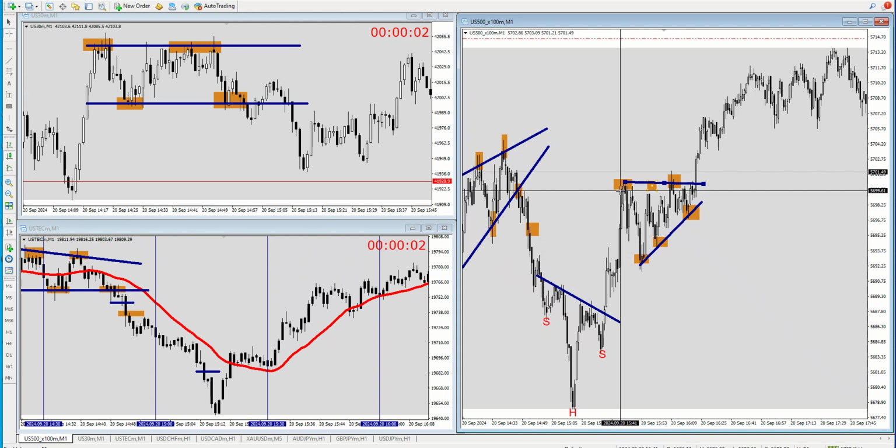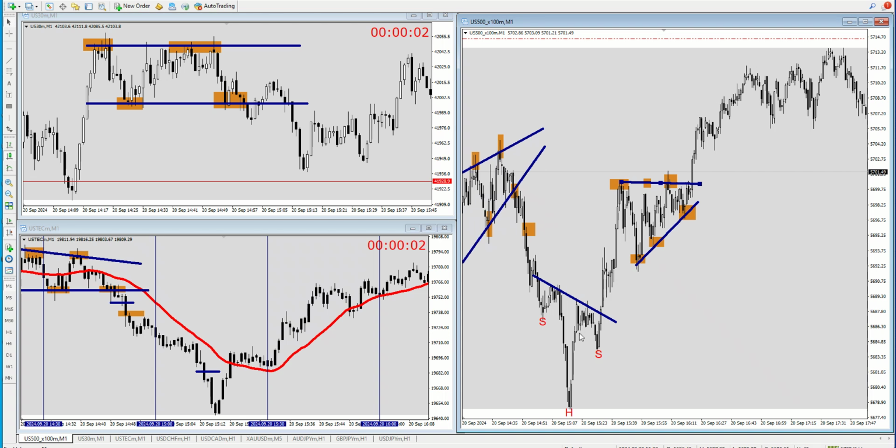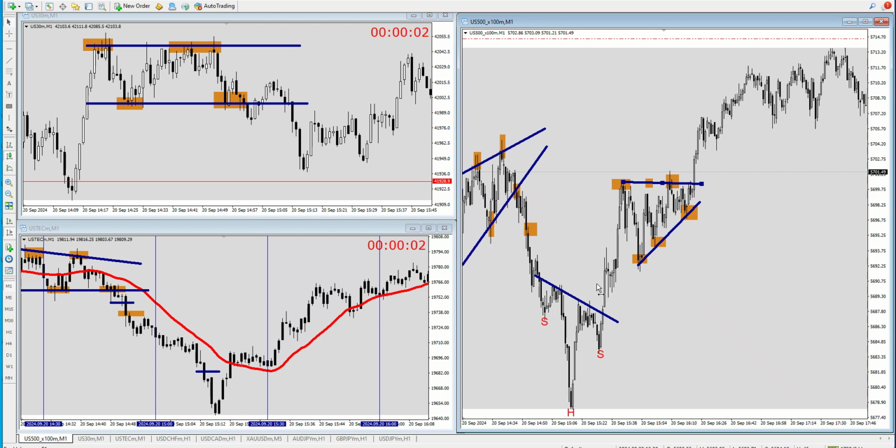But this is the first part. This one actually took another 40 minutes, so it's still fine, it's still 40 minutes, perfect pattern. But because this one is in line with the move, the head and shoulder, it's in line with this one.